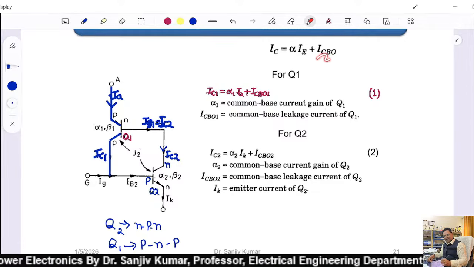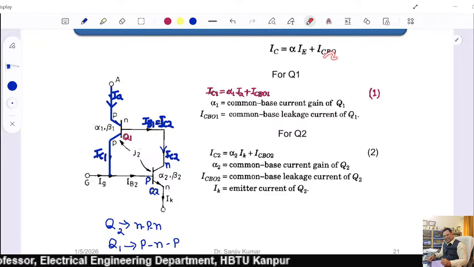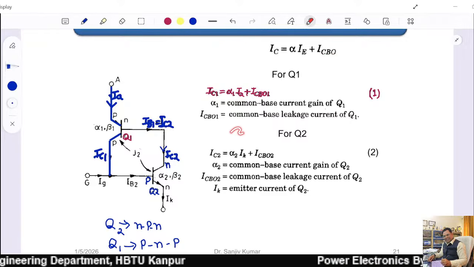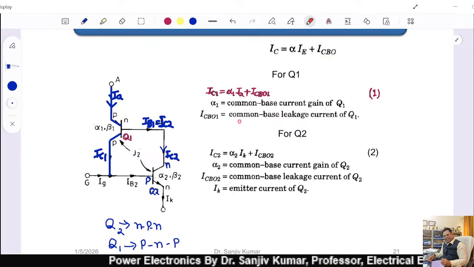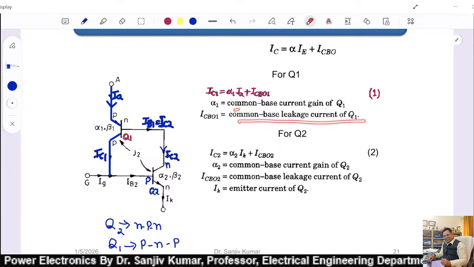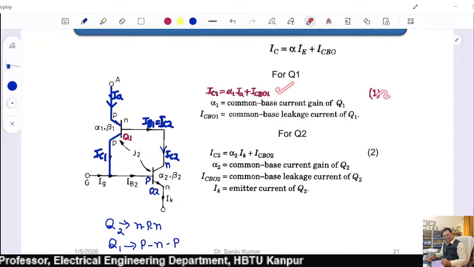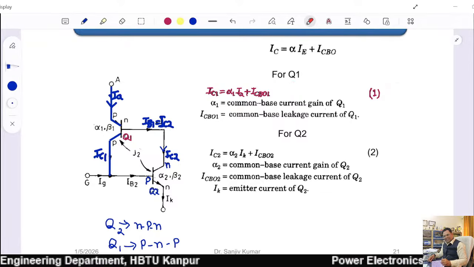ICBO1 is the common base leakage current of Q1, and alpha 1 is the common base current gain of Q1. Let us make this equation number 1.